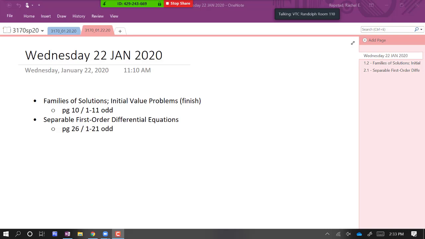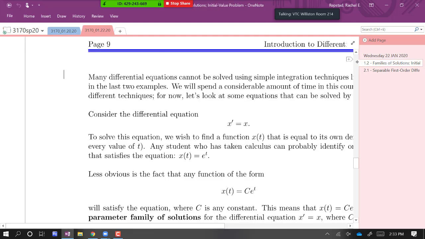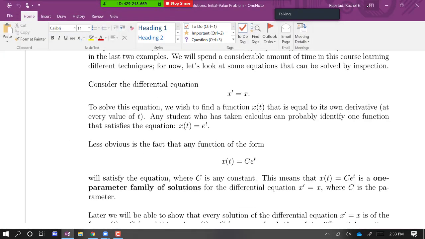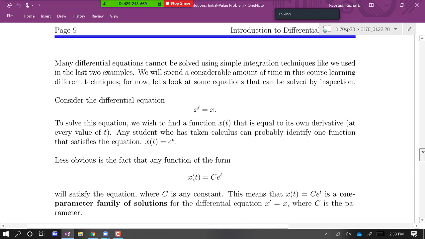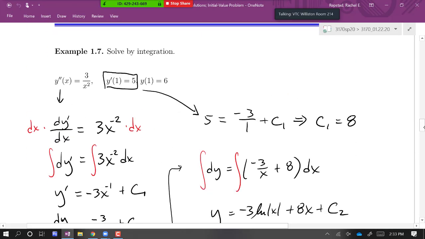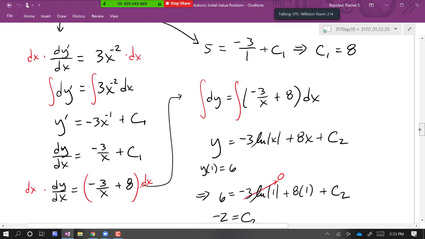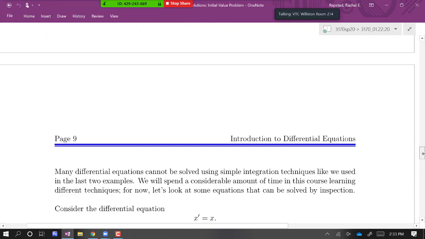Okay, so let's kind of pick up where we left off. The last thing we did was we solved a differential equation by using integration. It was something that we could solve by integrating.